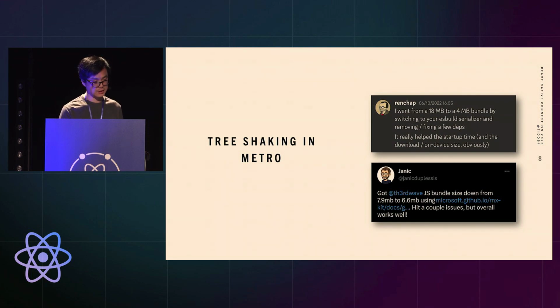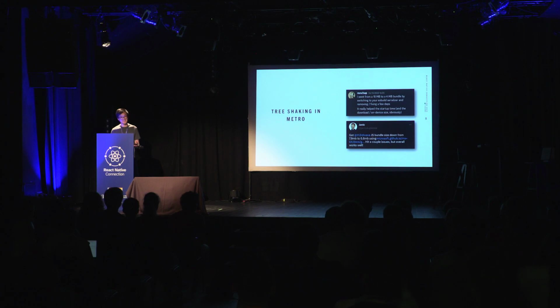For instance, Renault here saw their bundle go from 18 megabytes down to 4, which is quite insane, right? And the reason for this is because they were using Font Awesome, and it includes all of the icons, and so yeah.